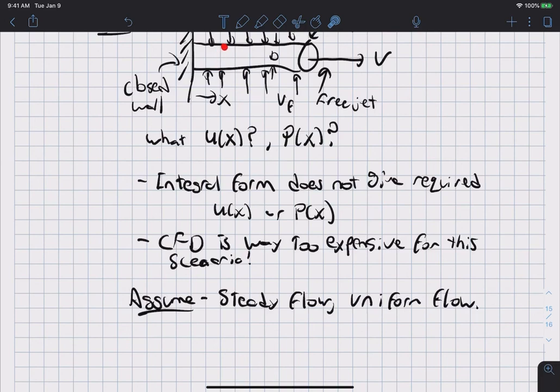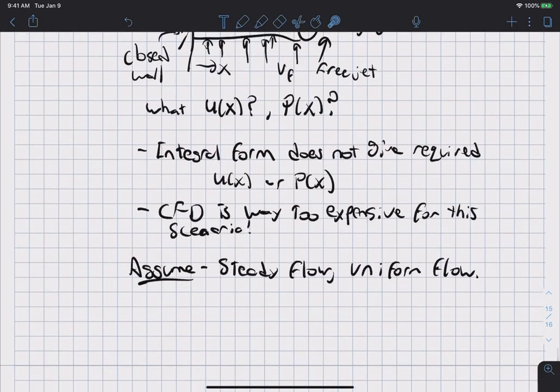We don't care about the variation of that velocity profile. We just want to know what the average velocity is at each position. And of course, we'll assume incompressible flow.